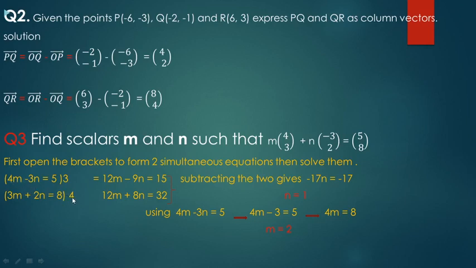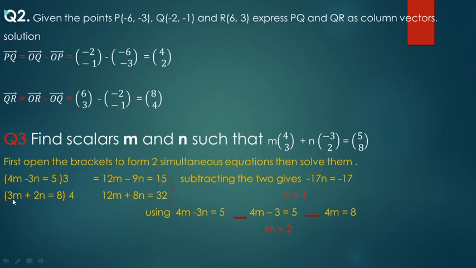So when you open these brackets, 3 times 4 gives you 12m, 3 times negative 3 gives you minus 9n, then 3 times 5 gives you 15. You do the same with the lower equation.